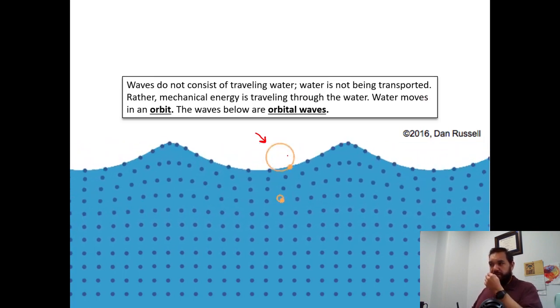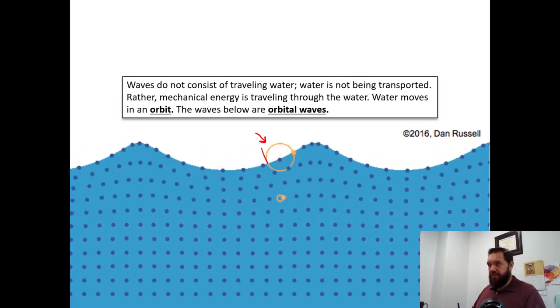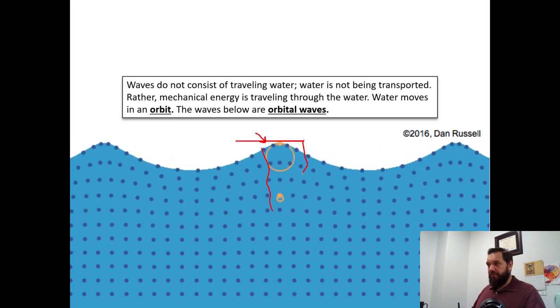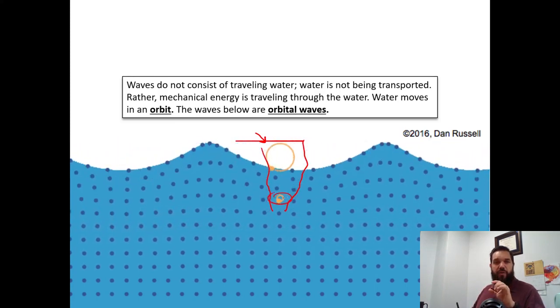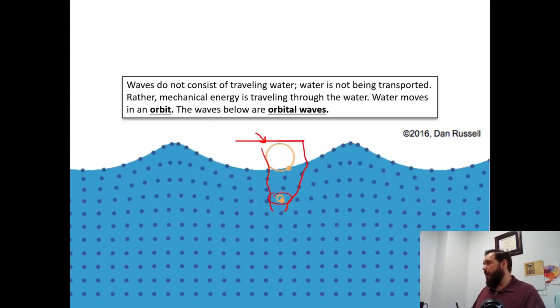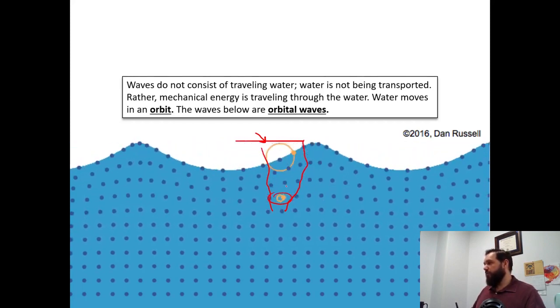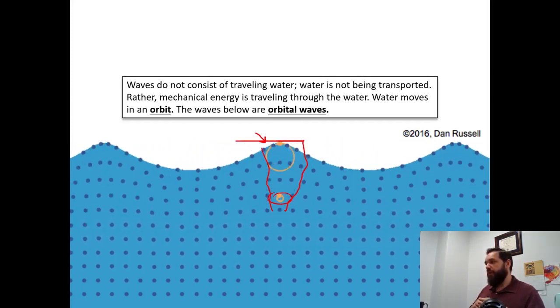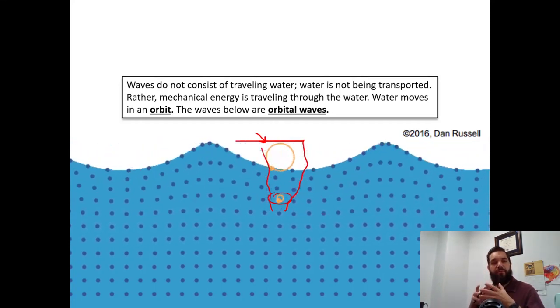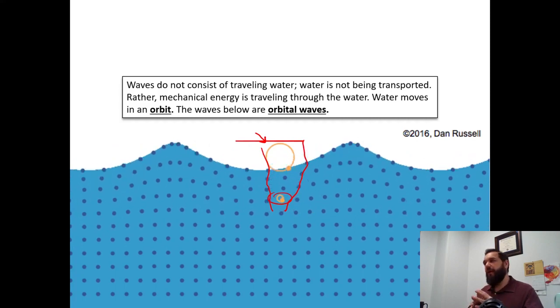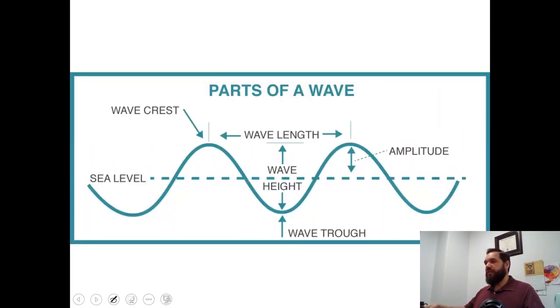Notice that as you go a little bit deeper, the orbital motion becomes smaller and smaller. The radius of the orbital motion becomes smaller and smaller. So how does water move in the ocean? As an ocean wave passes through, it moves in an orbital manner, basically in a circle. Okay, so that's the answer to number one.